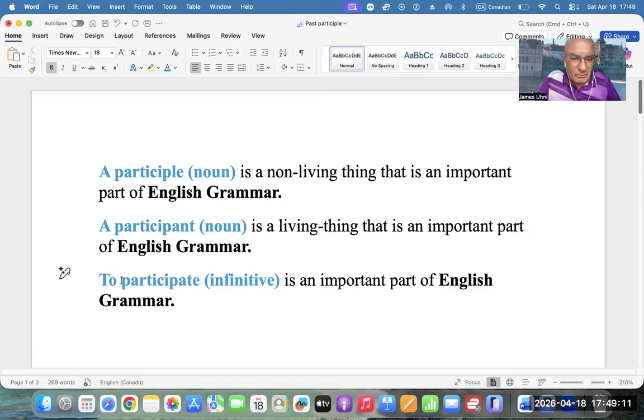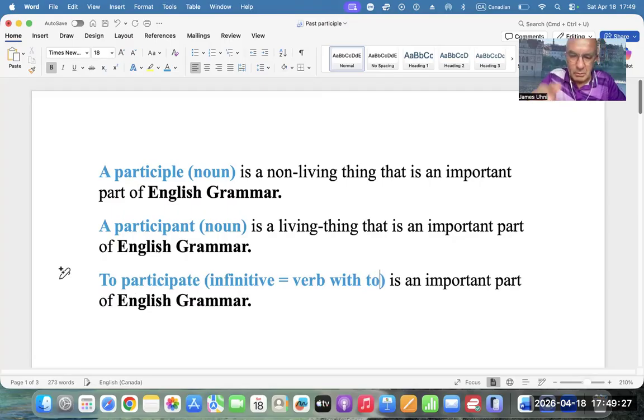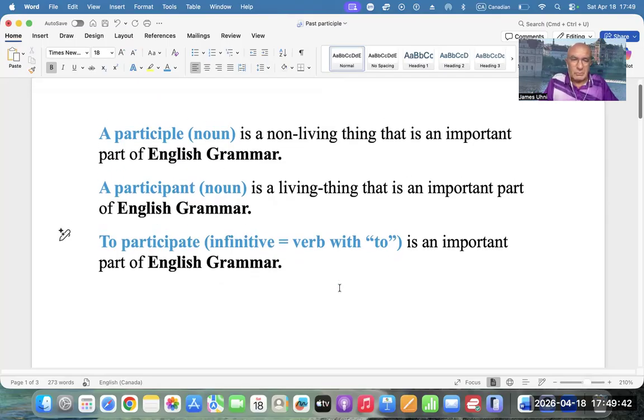Infinitive is a verb, or we can say this one with to. I will write this one like this, so you will understand. So what are we going to do about this? Is it confusing? Yes, I know. So let me explain in a very easy way.